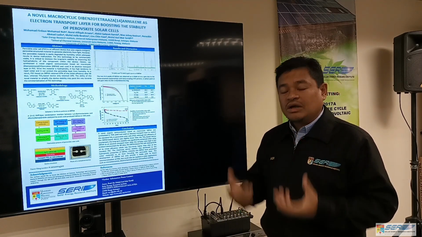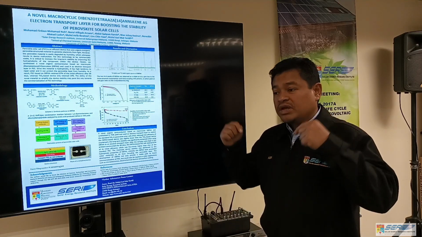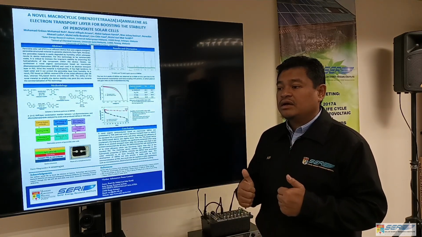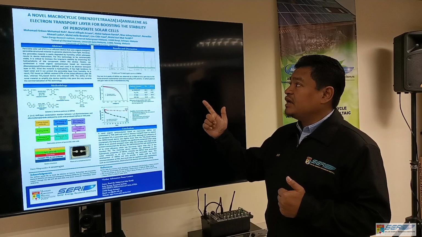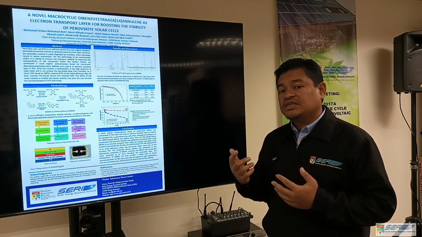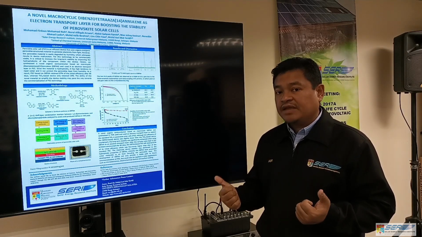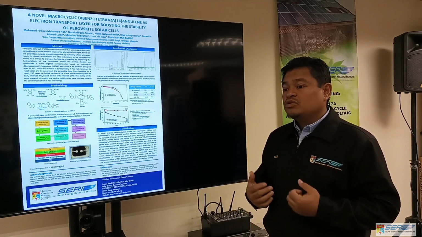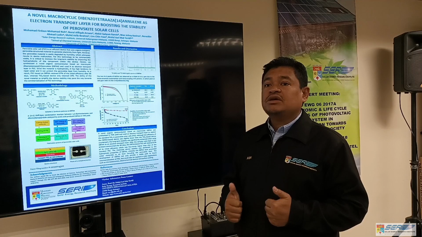So we try to counter this issue, and we came up with this idea of using this material, dibenzotetraaza annulene, which I will refer to as DTBAA, to increase the stability of the perovskite solar cell.